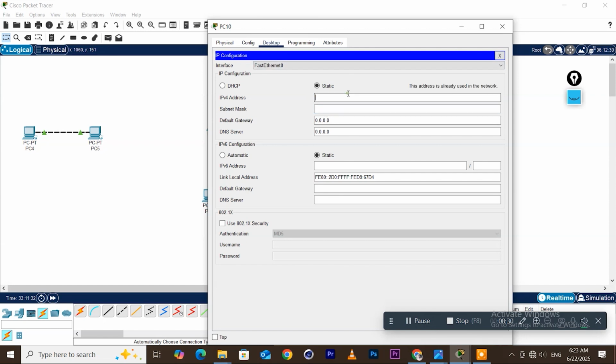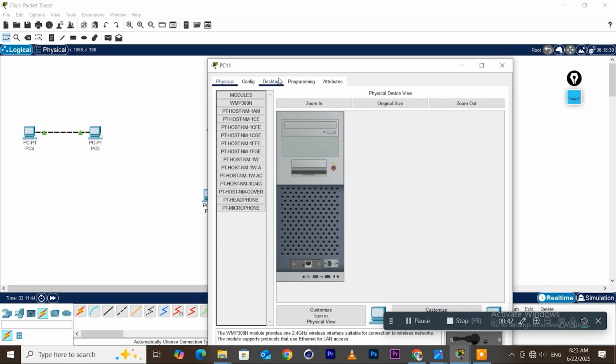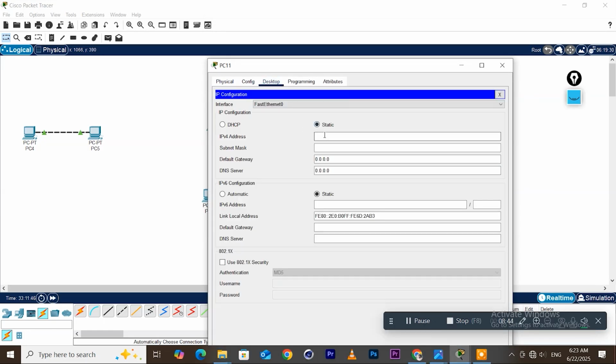We have used that IP address already, so the next one is 192.168.10.3, and here we have 192.168.10.4.